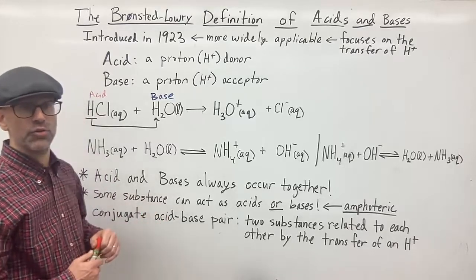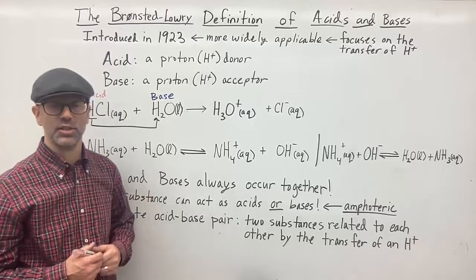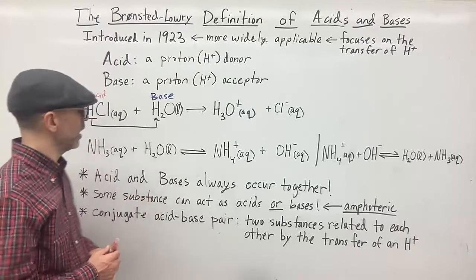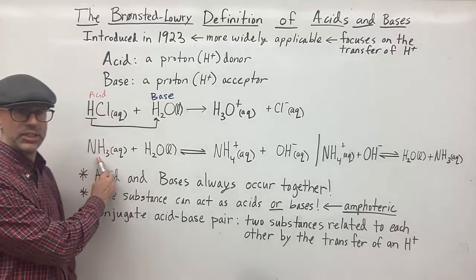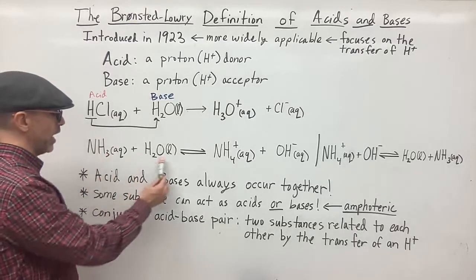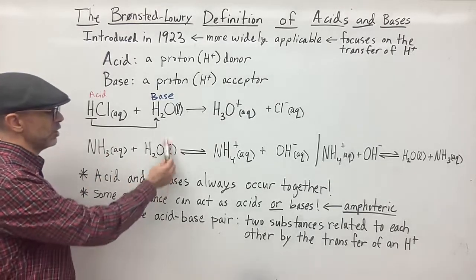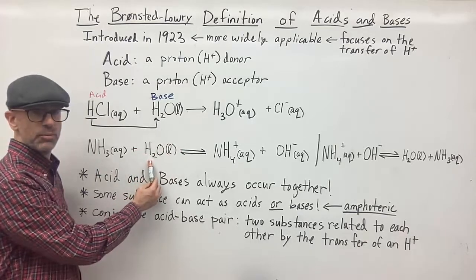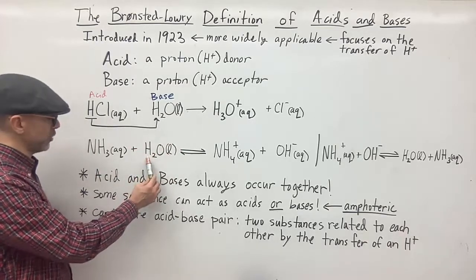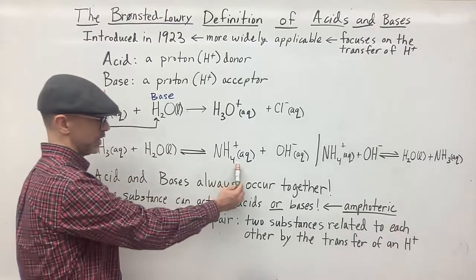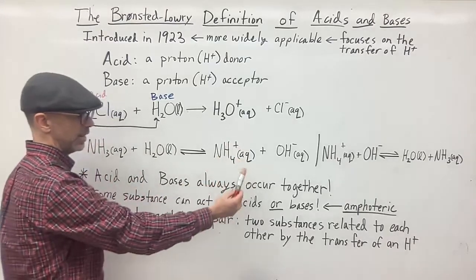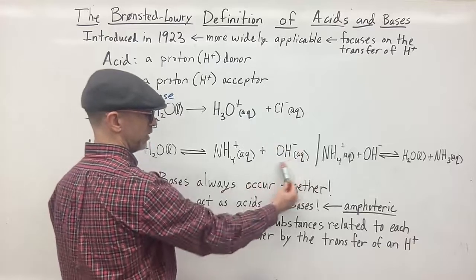But if we use the Bronsted-Lowry definition of a base, we'll notice that here we have NH3 and we have water. Here, one of the hydrogens from the water is going to be transferred to NH3, and that becomes NH4 plus, and then you get OH minus left over.